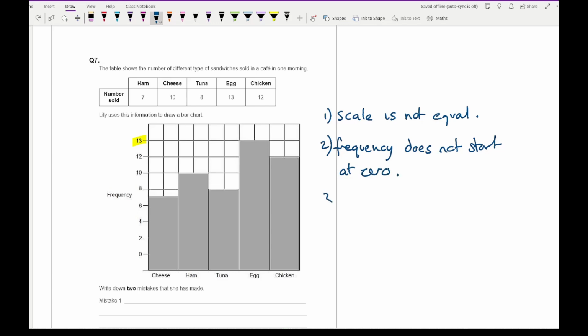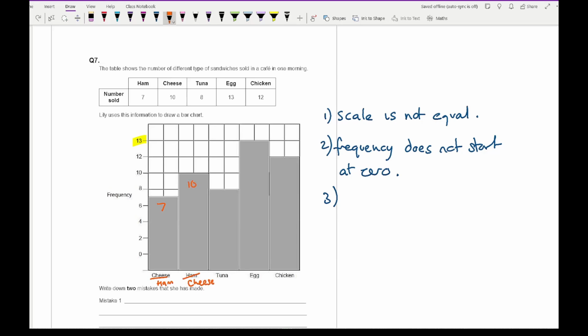Another one is that she has swapped the ham and tuna, or the order of this is wrong. So the first column, which is 7, should not be cheese, it should be ham. The second one should be cheese, so that should be 10.